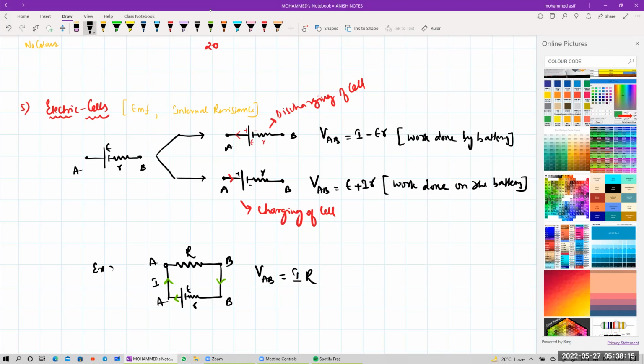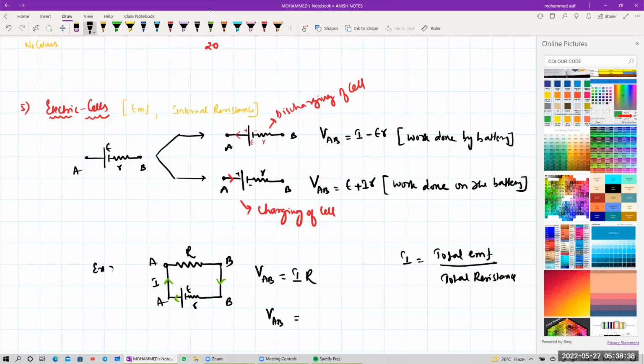Potential across your A and B will be equal to I into R. I can write here, I value is equal to total EMF divided by total resistance.